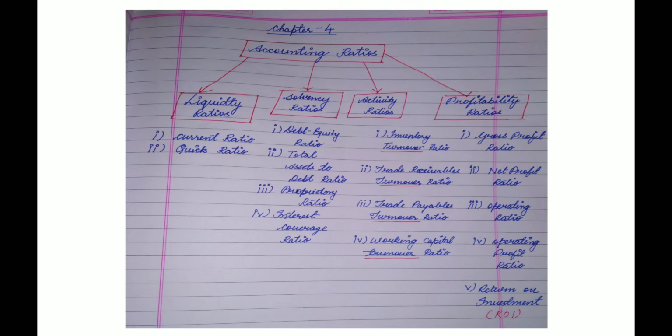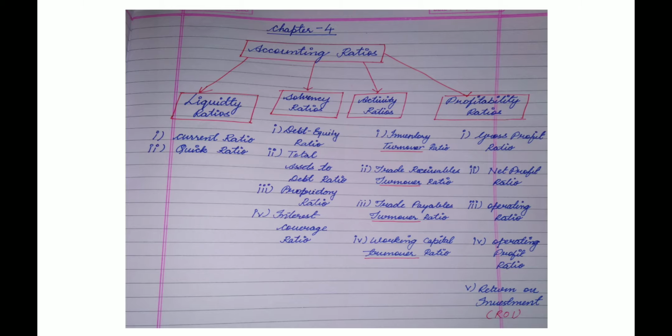Okay, it includes inventory turnover ratio, also called stock turnover ratio, trade receivable turnover ratio, also called debtors turnover ratio, trade payables turnover ratio, and working capital turnover ratio.